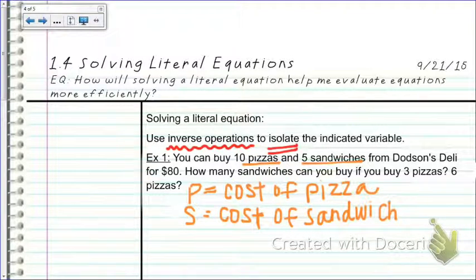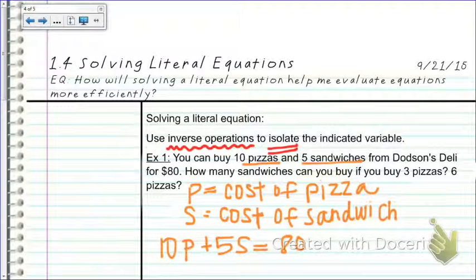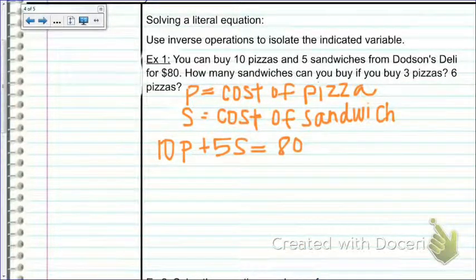So we can write an equation using the information that was given to us. 10 pizzas plus 5 sandwiches is $80. So there's your equation. 10P plus 5S equals 80. So then my question is, I am telling you different amounts of what that I can plug in?